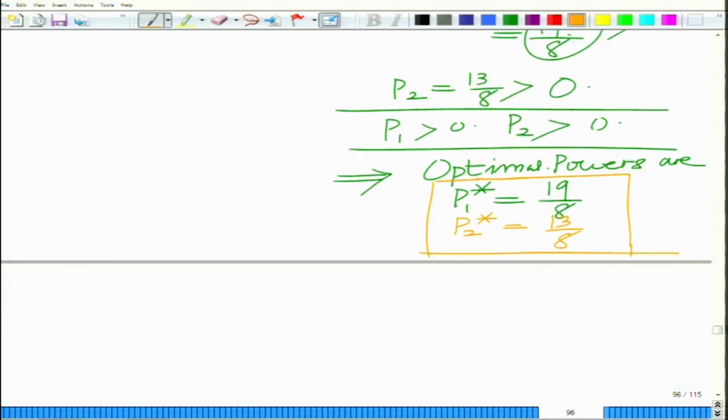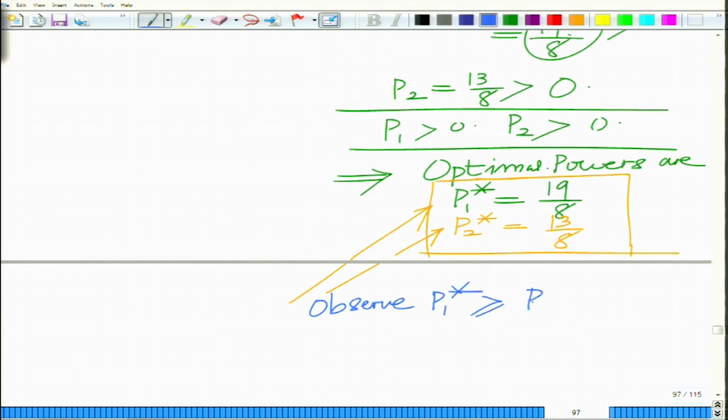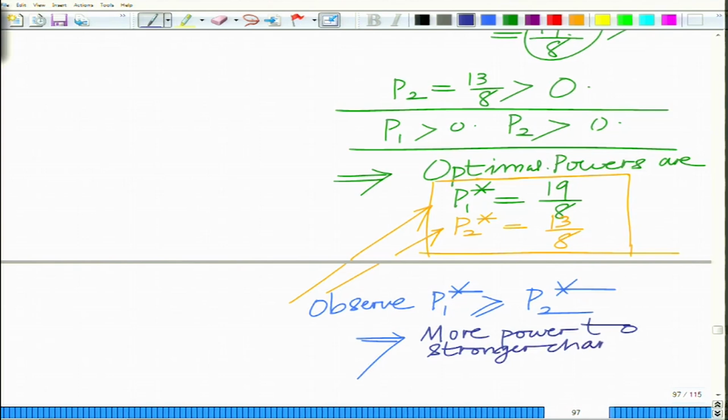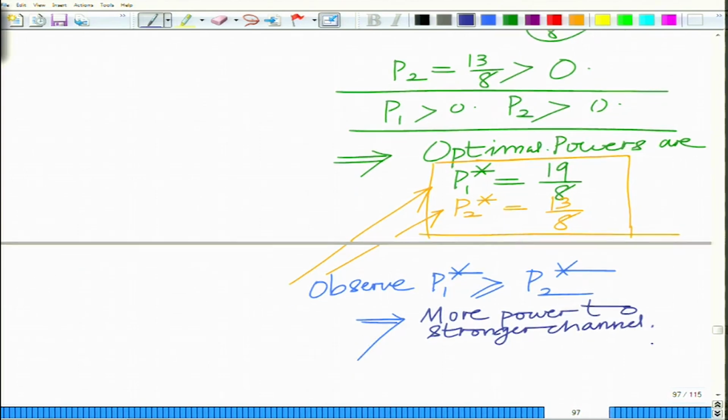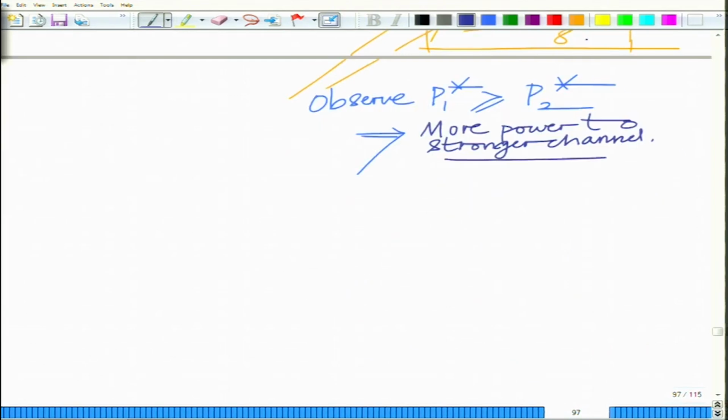All right. And now you also observe that P1 star greater than or equal to P2 star implies there is more power to the stronger channel. And remember, this is what our water filling algorithm tells us.